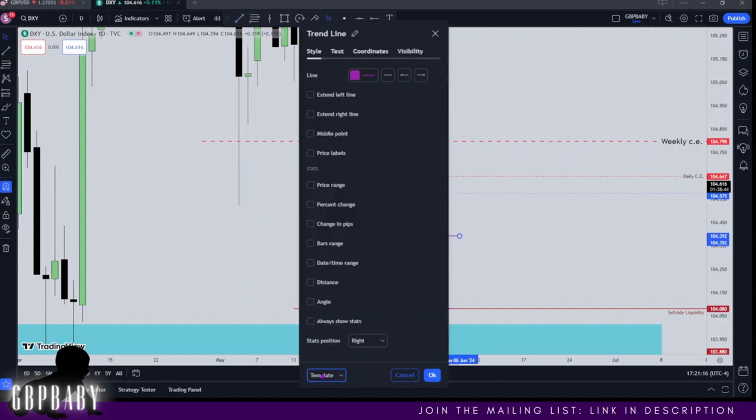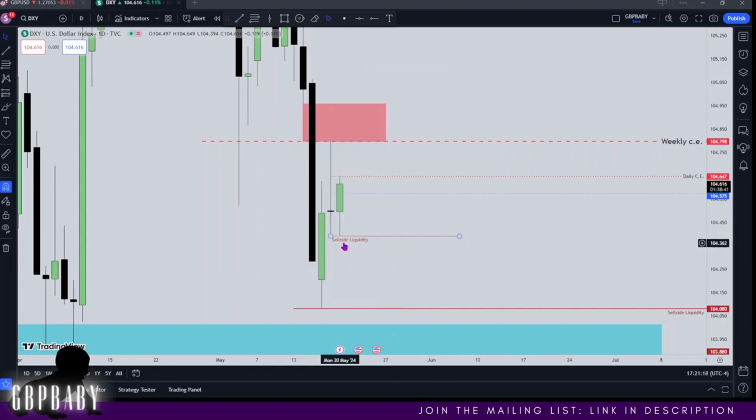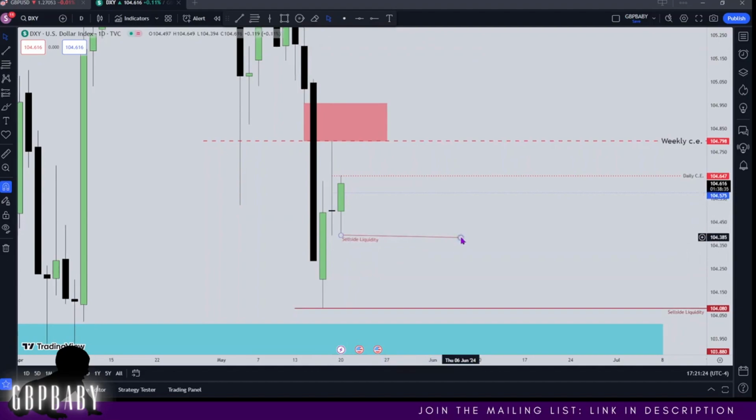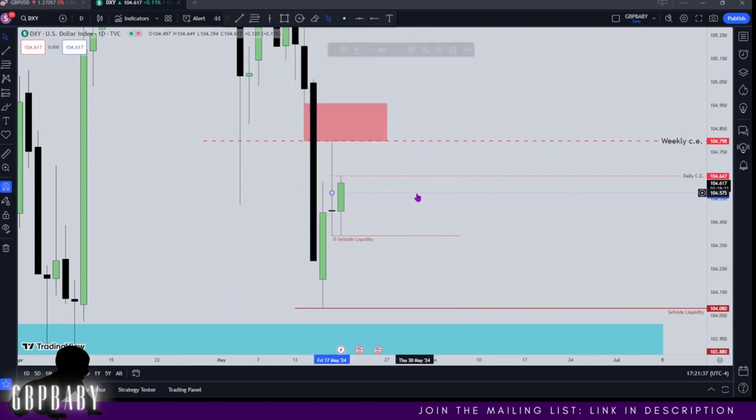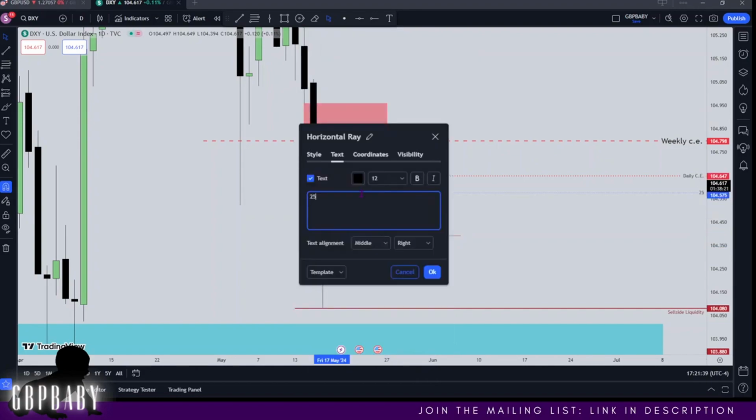Now that doesn't mean we're going to necessarily grab it tomorrow, but we know now that we have relative equal lows here, that's going to have sell stops residing below it, that price is going to want to draw into later this week. So I'm just going to keep that here like so, and then we'll drop down to the lower time frame. Let's make this say daily sell side liquidity, and then I'm also going to write out 25% level of daily wick.